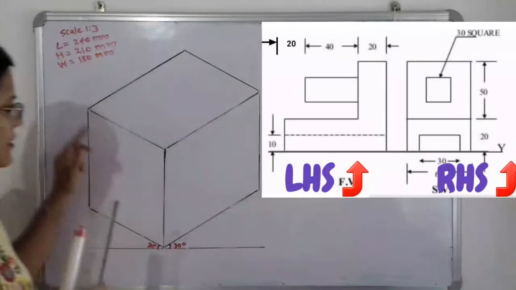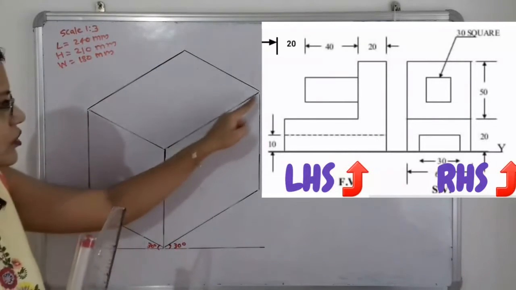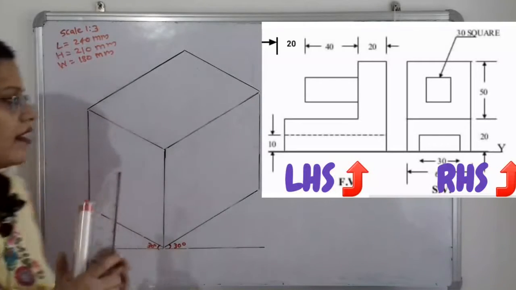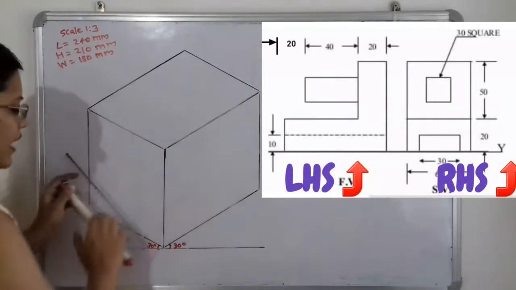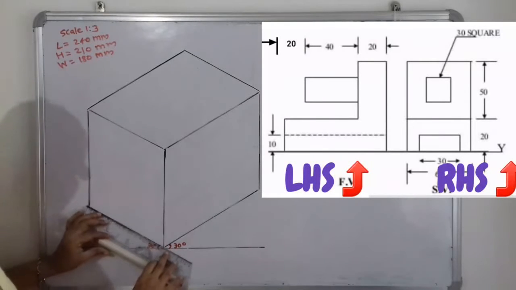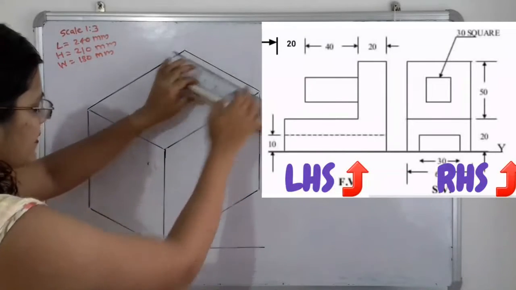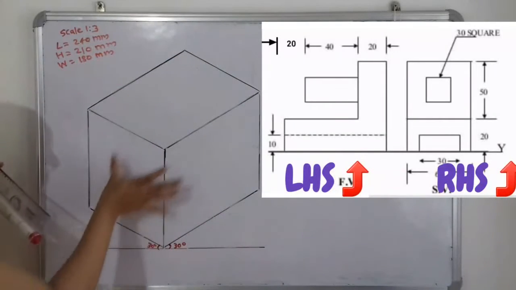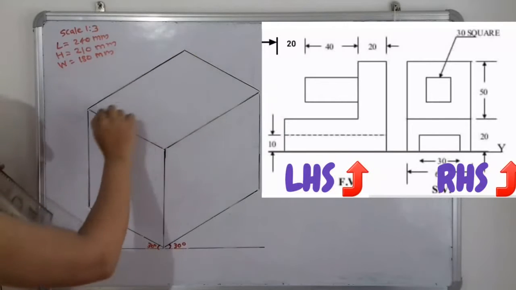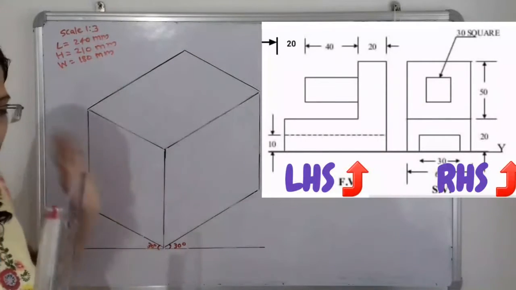Now we have 3 lines, that is 1, 2, 3, and 3 points, and we just join these 3 points. Again from this point we draw a line parallel to this line, which indicates the width. We select the dimension equal to this, that is 180 millimeter, mark one point, and join these 2 points. So there is the block.